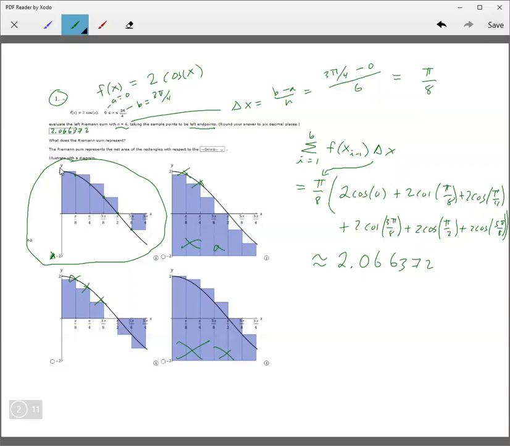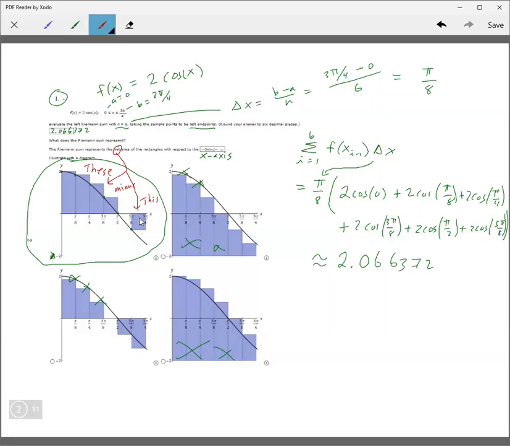And if that doesn't work, you can let me know. Okay. And then this Riemann sum represents the net area of the rectangles with respect to the x-axis. What they mean by net area is these areas minus that area.